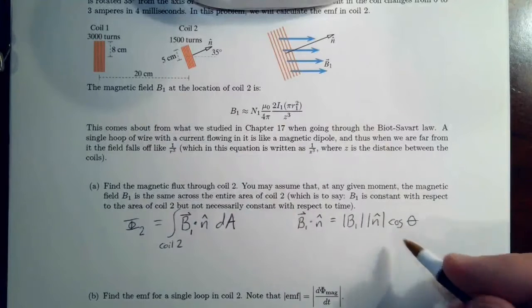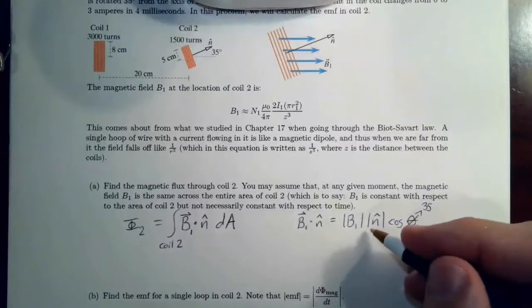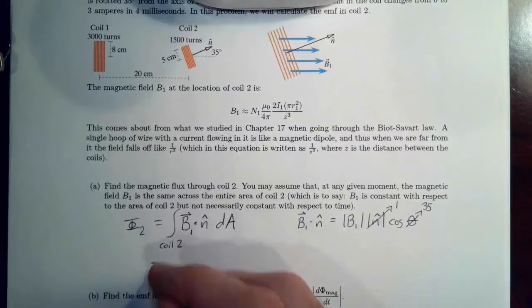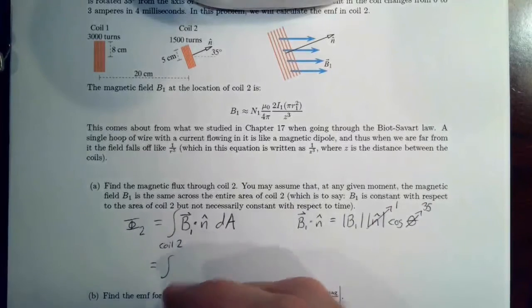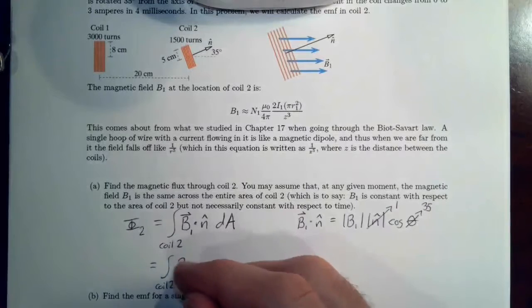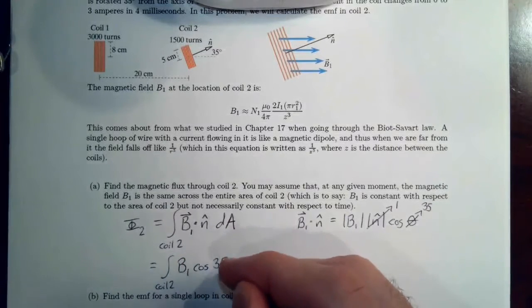So this is going to be the cosine of 35. The length of n hat is just 1. So I'm going to plug that in over here. And so I'm taking the integral over coil 2's area of B1, just the magnitude this time, times the cosine of 35 times dA.